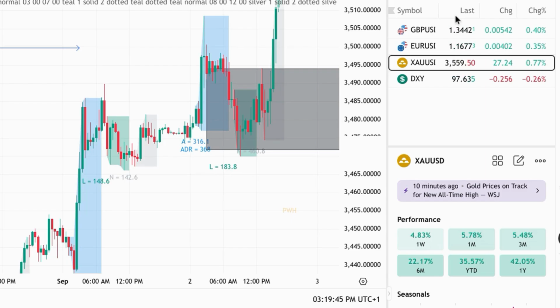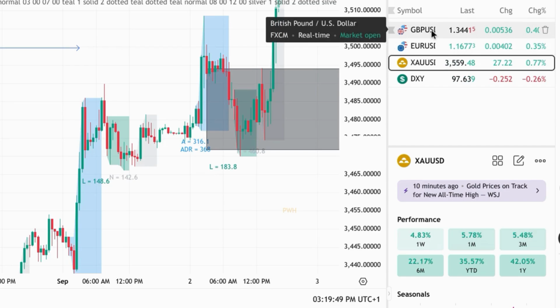But let me briefly explain what a currency pair means. As you can see now, this is GBP USD, which means that two different countries are paired together. GBP is the currency from Great Britain. We all know pound sterling, right? And we all know USD.